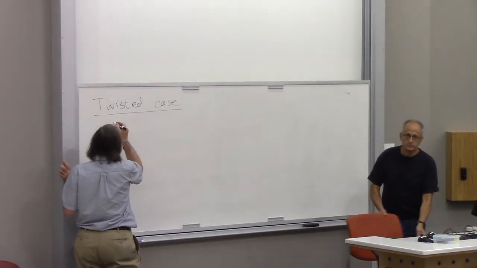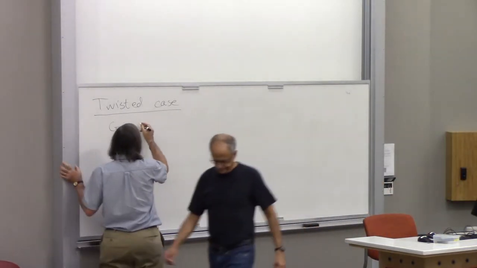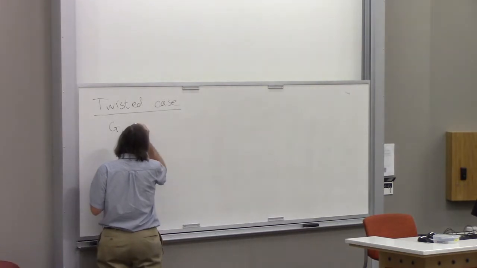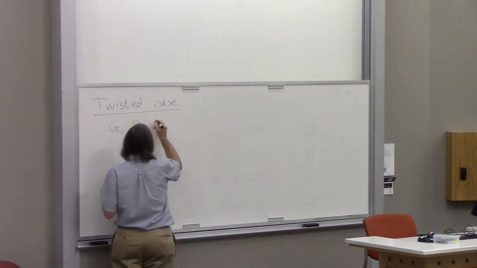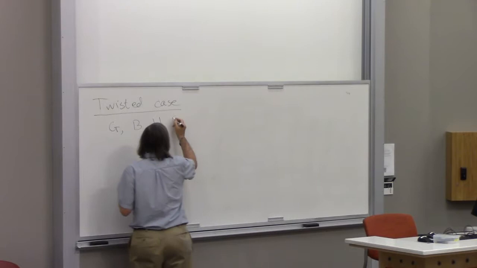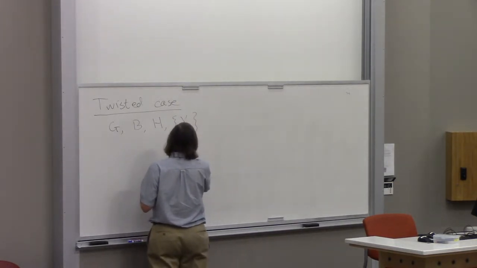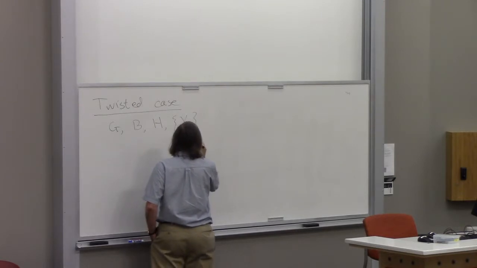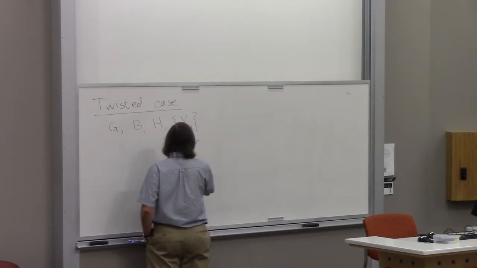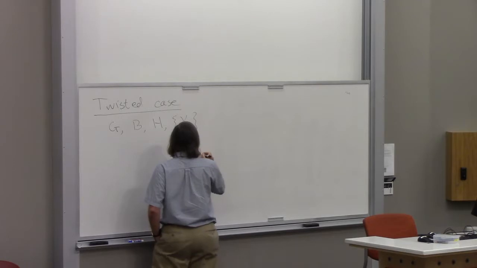So we have this G, and secretly there's this B and H and this basis for each simple root space.